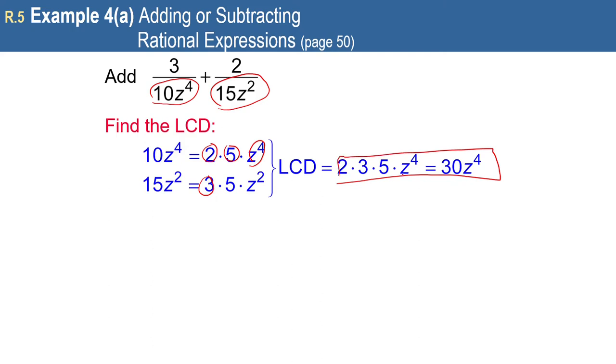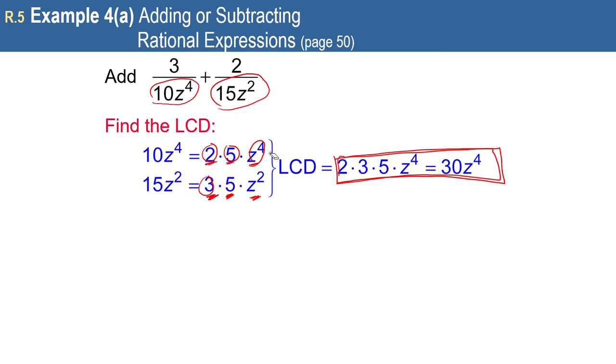This LCD is divisible by 10z to the fourth because it contains 2, 5, z to the fourth. It is also divisible by 15z squared because it contains a 3, 5, and z squared. So that's our LCD, and we're going to use that to add these fractions.